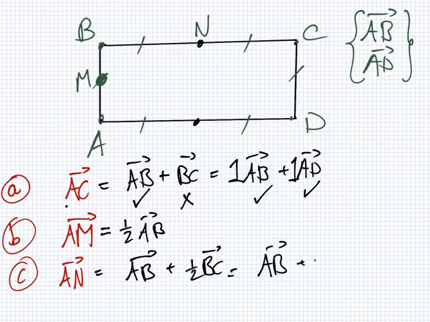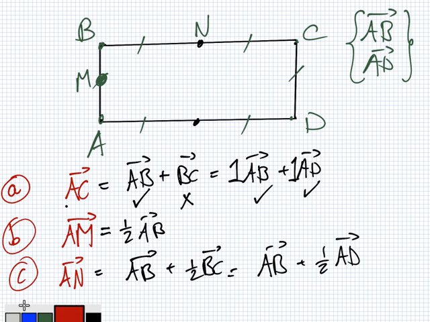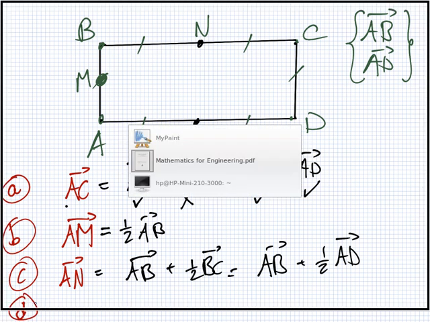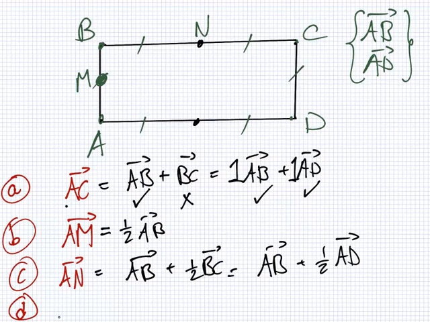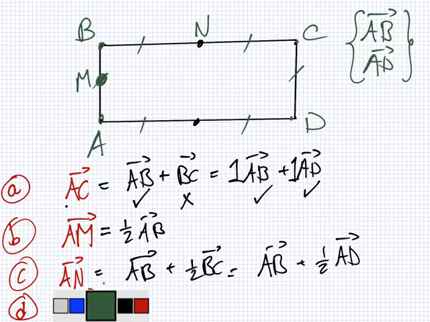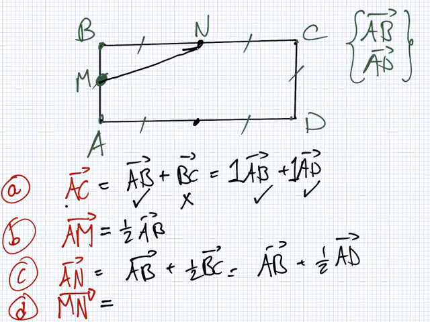AB plus a half AD. Okay, I'll let you try this last one by yourself then. Don't say anything, just write it down and then we'll see if you get the right answer. MN. That's a much more interesting one.